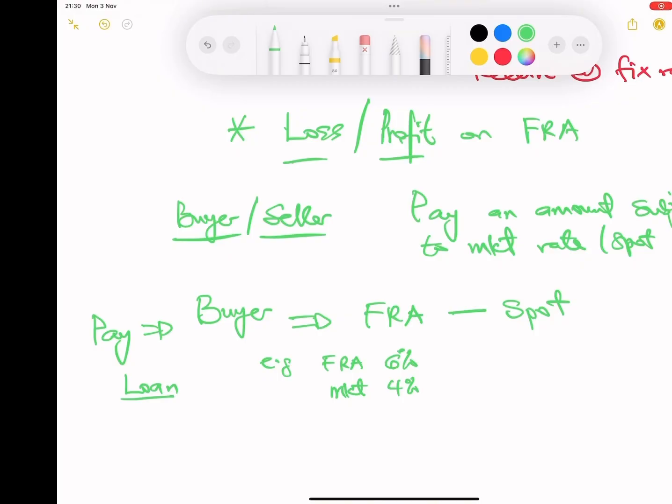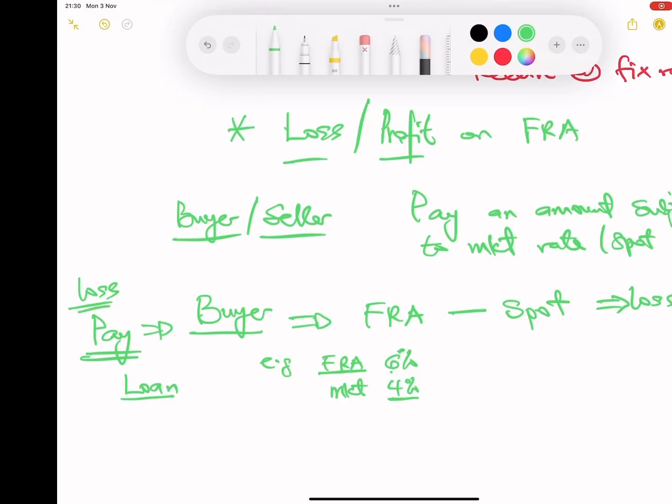If you have a loan and you have FRA fixed at 6%, and come on the day you want to really borrow your money, market is doing 4%, you could see clearly that you are disadvantaged, because you could have borrowed at 4%, but unfortunately you have borrowed at 6% because you have fixed yourself at 6%. So, which means this is a loss for you. That's why I call it you are paying. Remember, paying means you are making a loss.